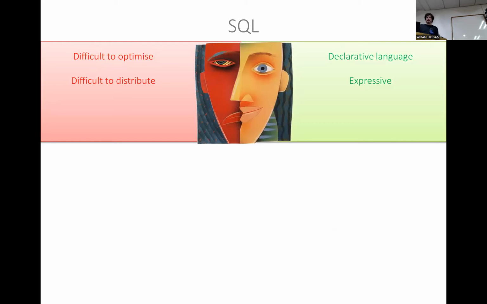It's not easy, especially for more complex queries, to find the best plan. And, more importantly for us, it's difficult to distribute. If we want to make use of multiple machines, because of the complexity of the SQL language, it's not that easy to get SQL running in an efficient way over multiple machines, for example, to do joins across multiple machines.